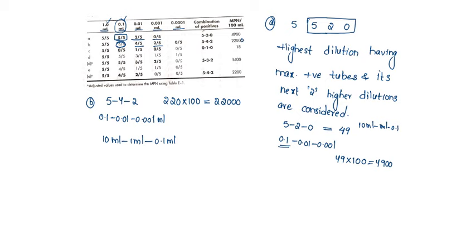Whereas for sample C, we need to consider 0, 1 and 0 as positive dilutions, just to include the positive dilution 1.